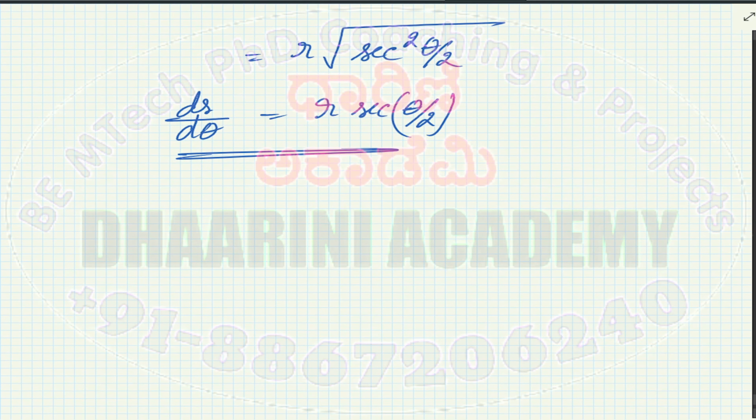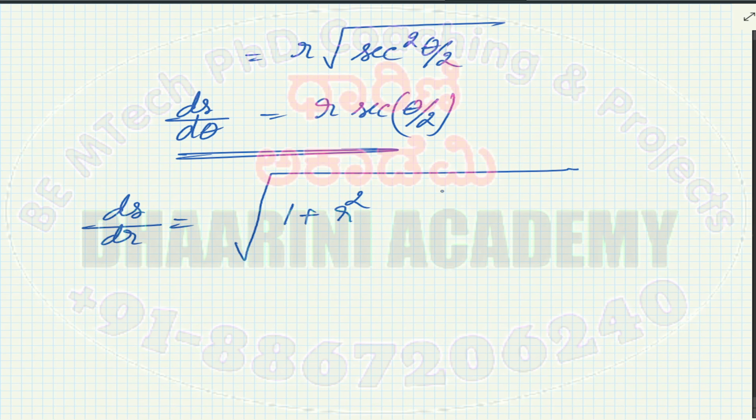And moving on to the second half of the question, that is ds by dr. If you remember, the equation for this is going to be square root of 1 plus r square into d theta by dr whole square.